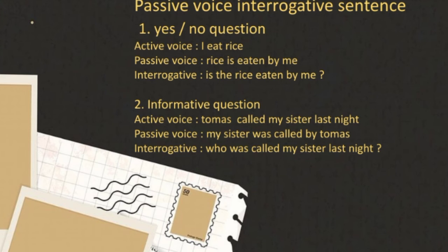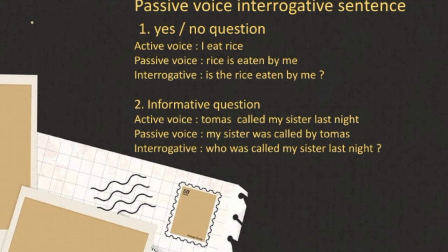Don't forget to add the preposition "by", and after that the object, that is Thomas. So the complete informative question will be: "Who was my sister called by last night?"